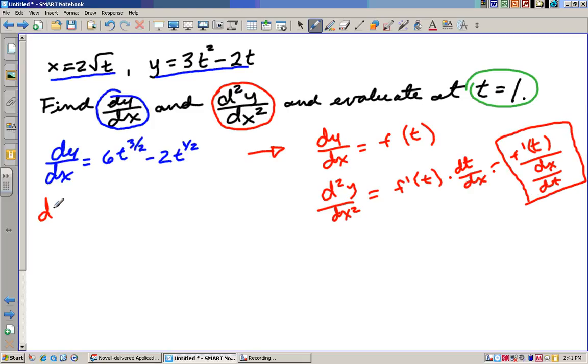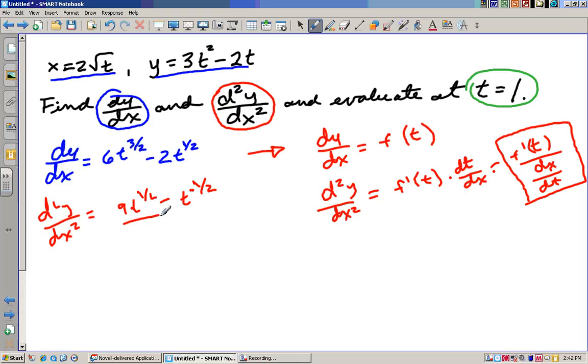I want the second derivative of this function. So what you're going to do is take the derivative, which is 9t to the 1/2 minus t to the negative 1/2.